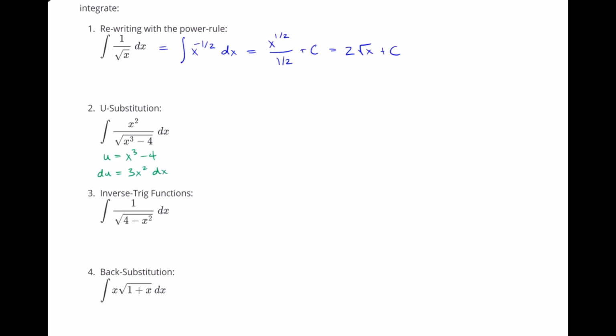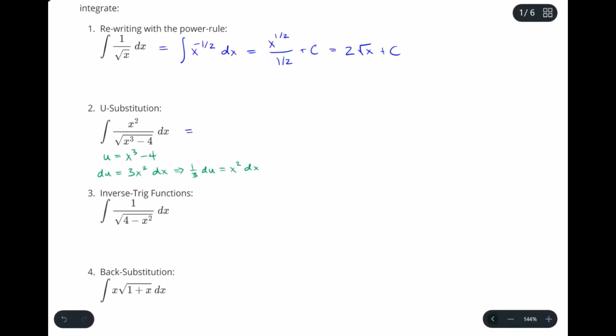And I have a multiplier of 3, which of course I can handle by just dividing both sides of this expression by the 3, and then I can substitute directly for x squared times dx with 1/3 du.